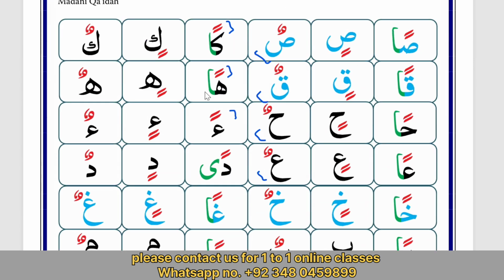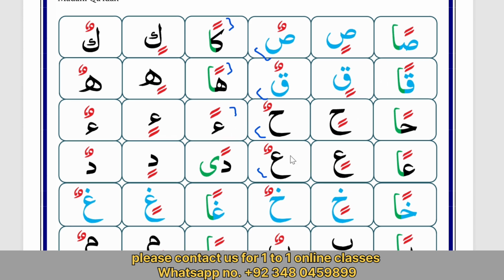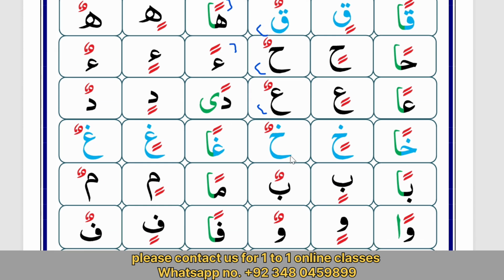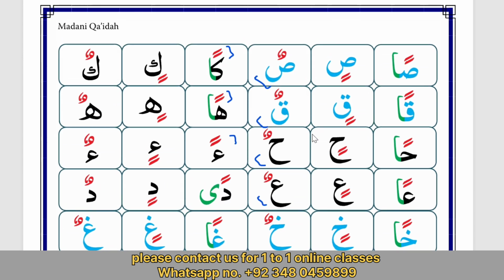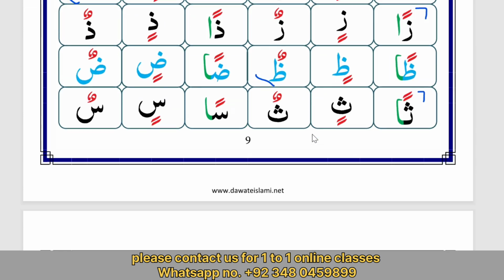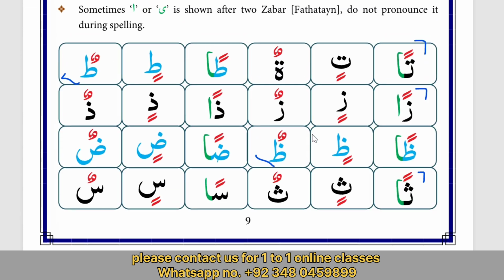Kaf, qaf, ha, ha, hamza, ain. As we have read in previous lessons, these are similar sound letters. You have to make a clear difference between these similar sound letters, because changing sound changes meaning. So be careful. Repeat after me, listen to me carefully.